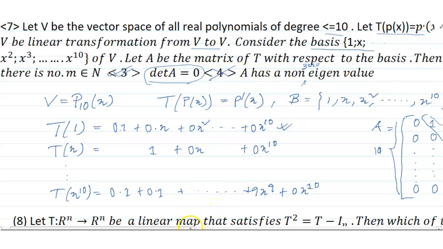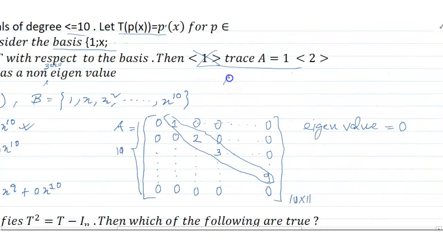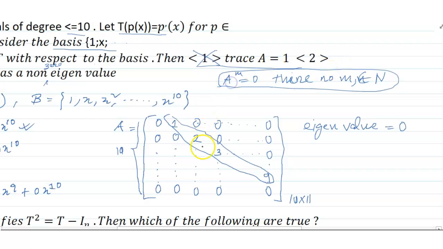And another problem is it is not correctly written, that is, given A to the power m equals to 0 such that there is no m belongs to capital N. So friends, this is totally wrong, because you see that we get at least some values.